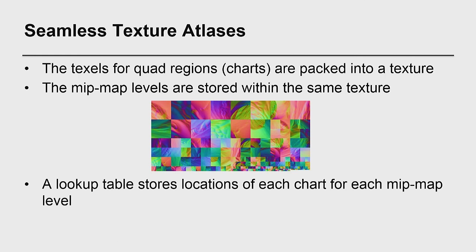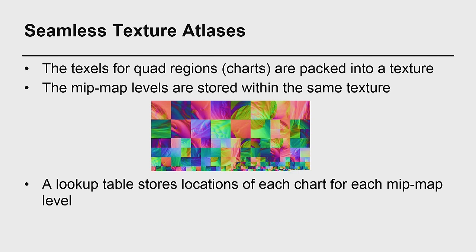And there are different ways of handling bitmaps with this method. They can be stored within the same texture, but they will introduce one extra overhead. That is, you need to store a lookup table for your texture mapping, such that you need to know where to go, which part of the texture map to read.